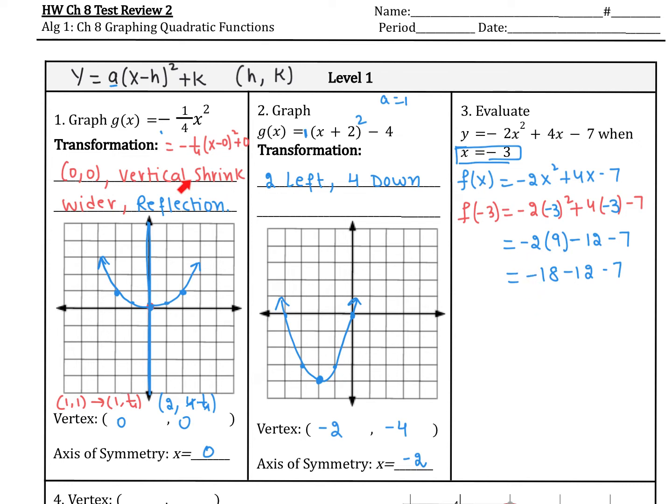Whenever you have f of negative 3, it is asking you to plug in x as negative 3 and evaluate the function or evaluate the y. Y or function is the same thing. When you combine these terms, negative 18 and negative 12 would be negative 30, minus 7 is going to be negative 37. Either you call it y, or you call it the function value at negative 3, it is negative 37.